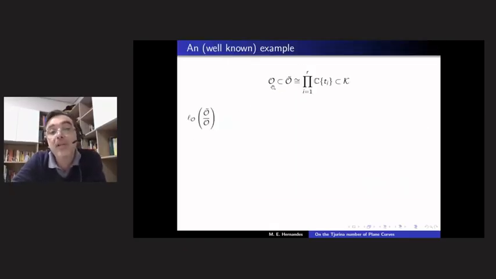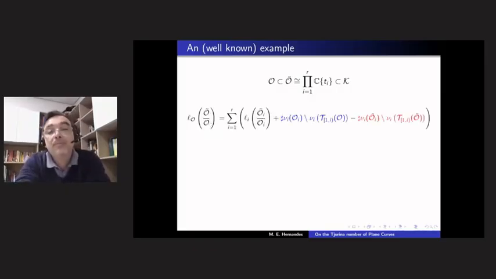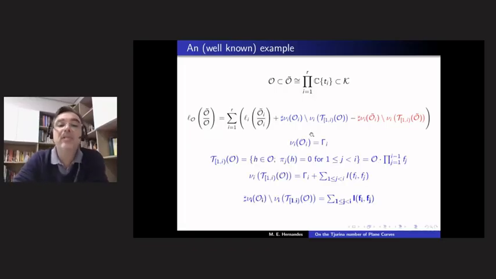Consider the local ring and the integral closure of the local ring O. O and O tilde are fraction ideals of K. So let's compute the colength of O tilde over O. Using the previous formula, this colength is precisely the sum of this expression. And the blue part, we can compute it.